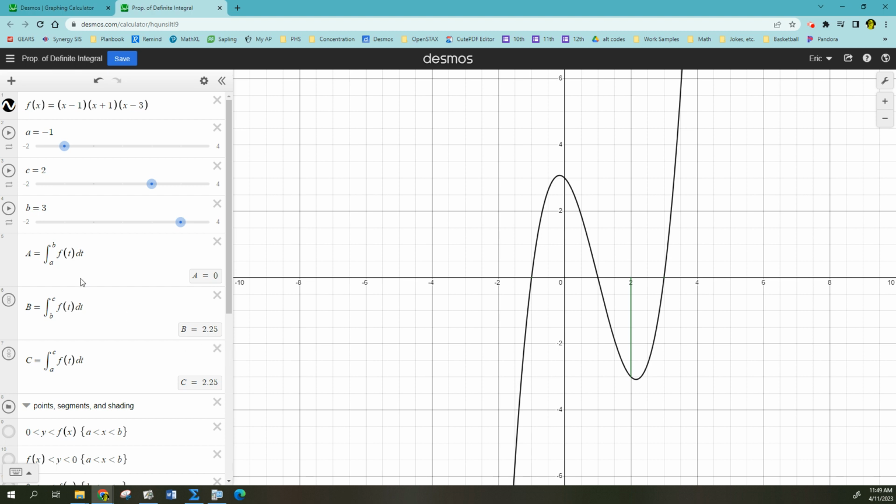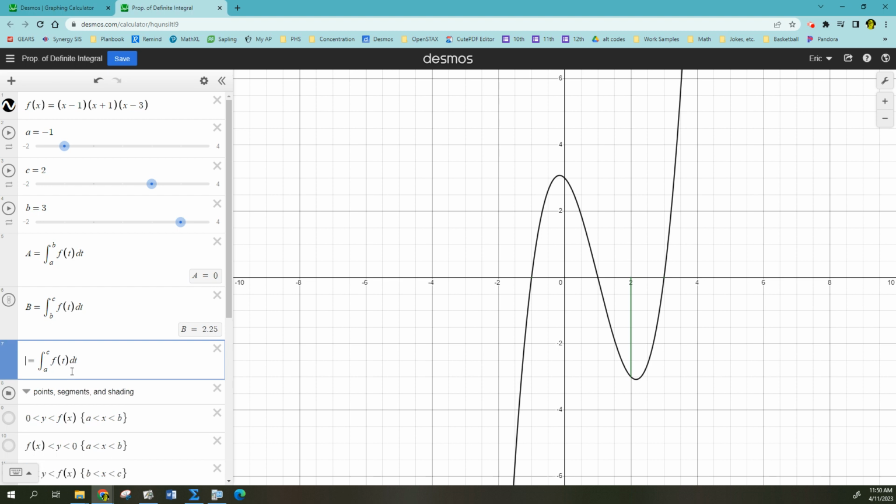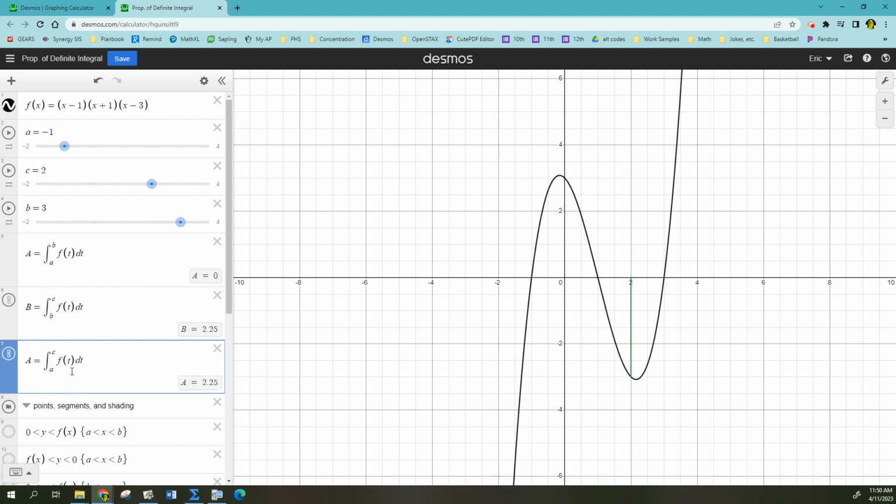Okay, so the first integral from A to C, I got these backwards then, didn't I? Yeah, shoot, just a second. Let me fix these.